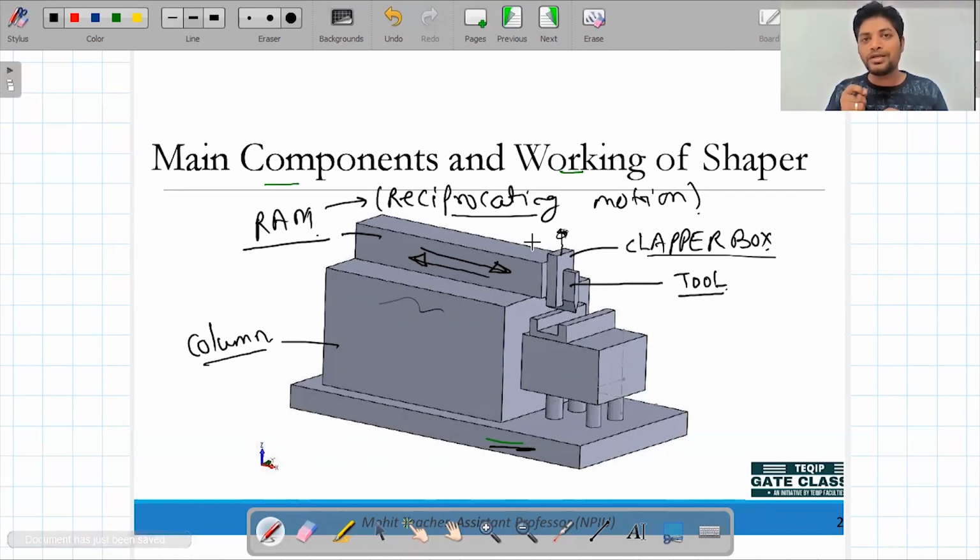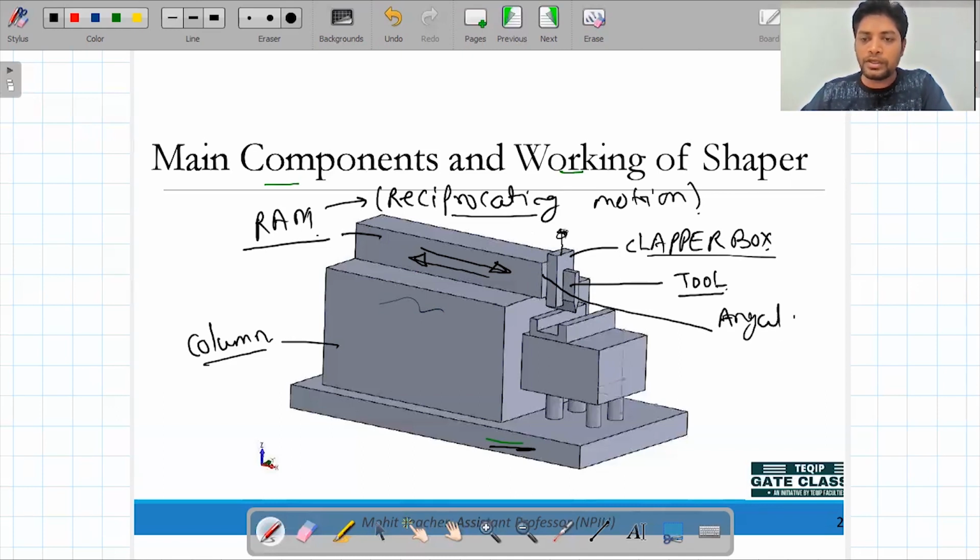If a little movement is required, if we have to fix a single point cutting tool in a proper way, that is why we use a feeding mechanism there. Apart from this, at the back side and front portion, there are angular displacements.